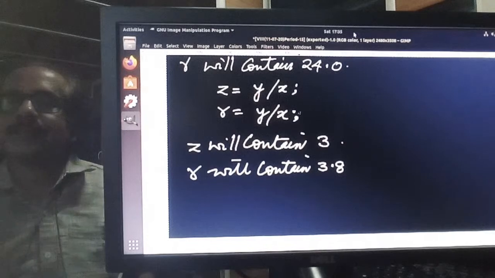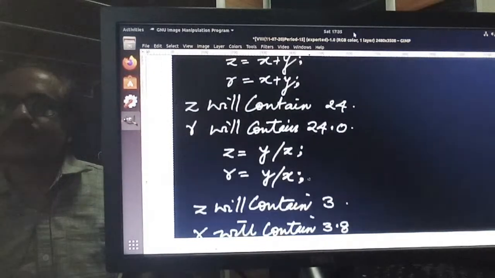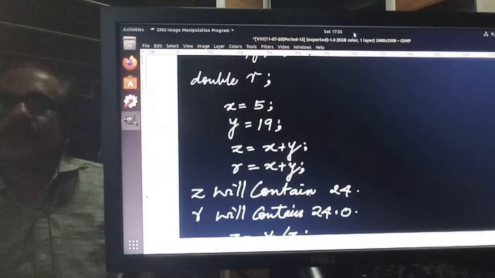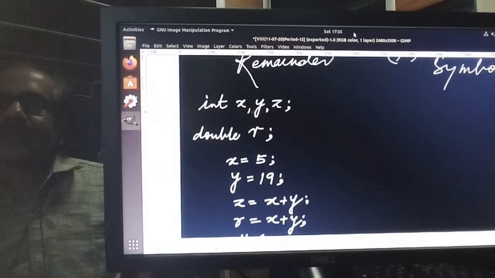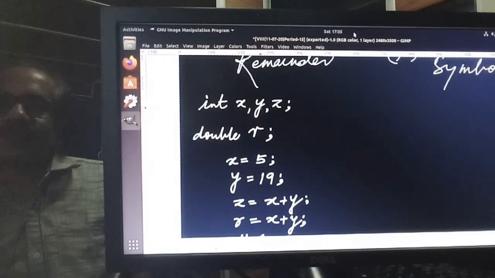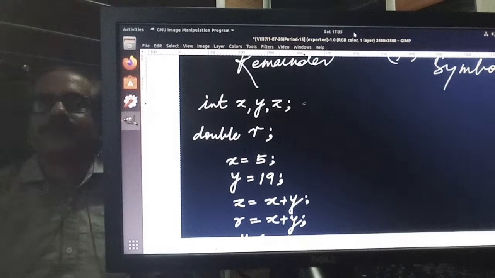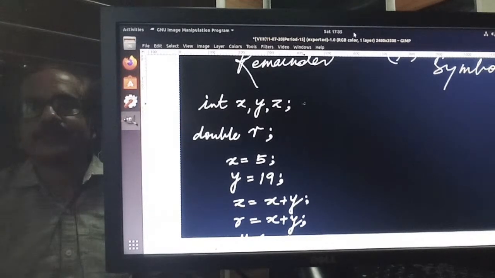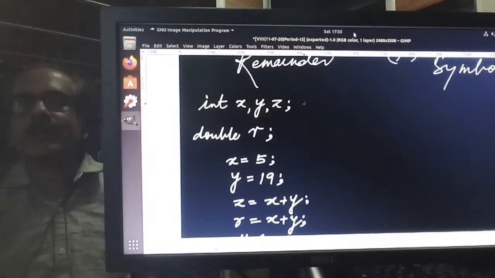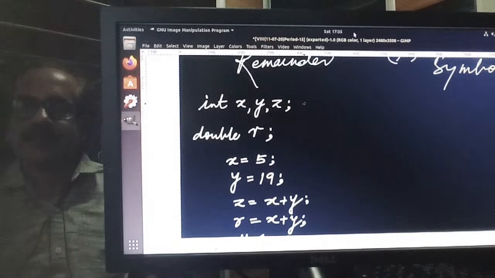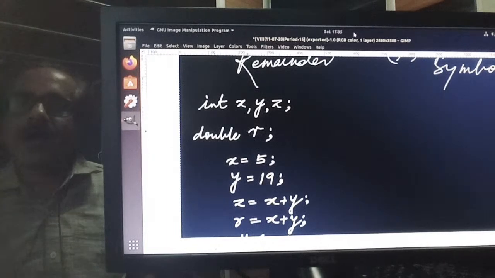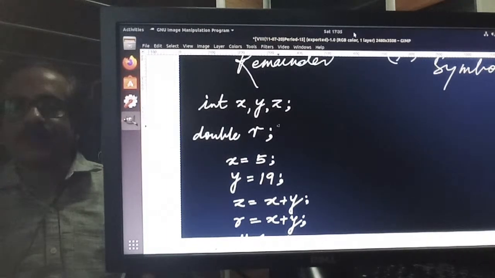Here you see, you have taken x and y and z of integer type. X, Y and Z, all these three are integer type data, whereas R is double type data.